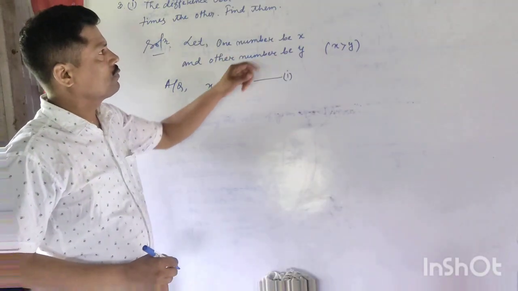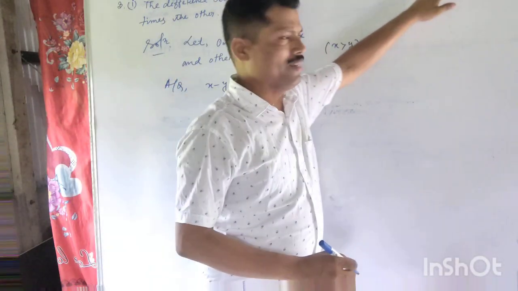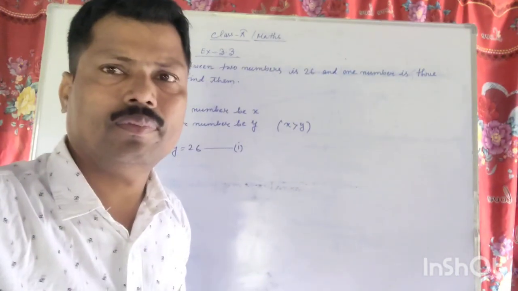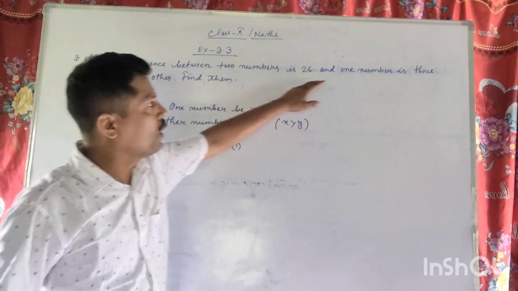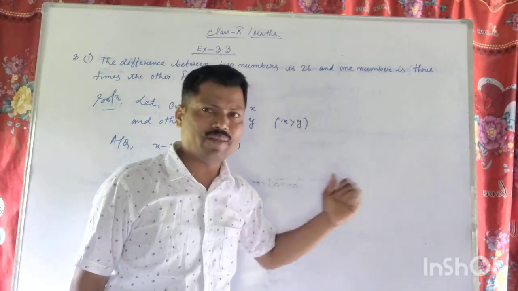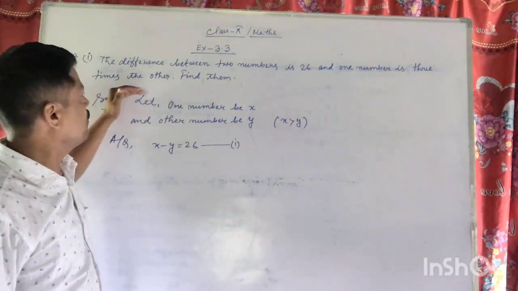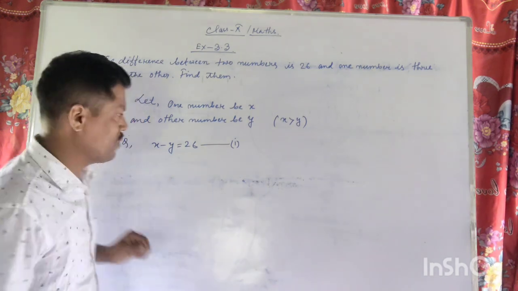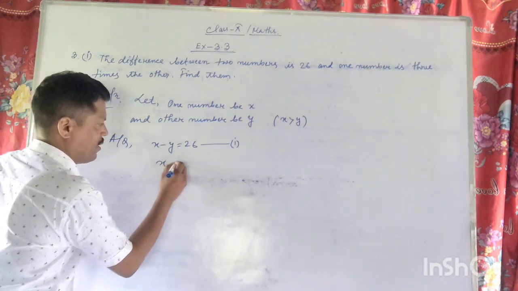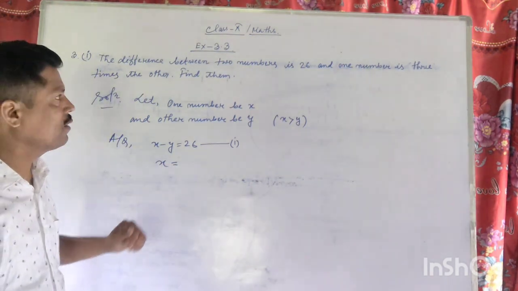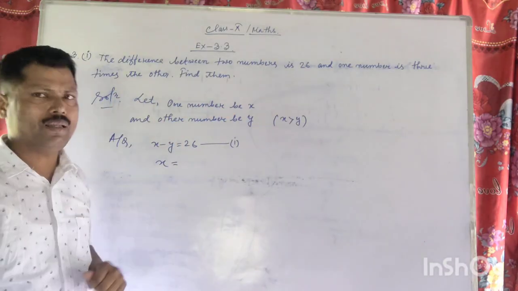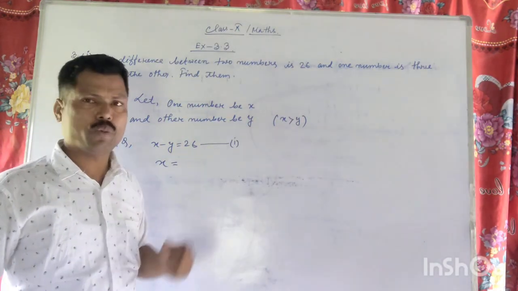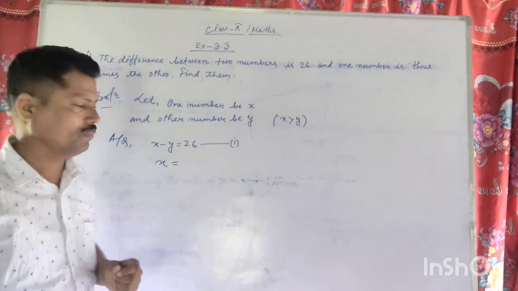Next one number is thrice times the other. So one number is x, just we have to write here x is equal there 3 times the other. 3 into other number is y, that means 3y.